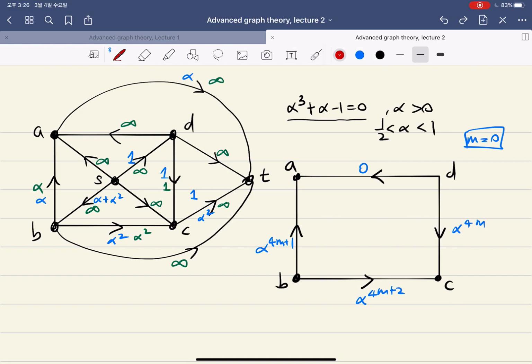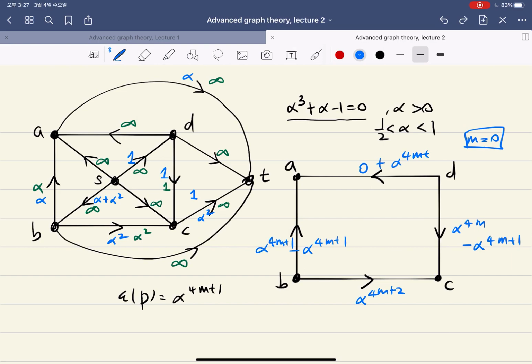So along this, we augment by epsilon P equal alpha to the 4m plus 1. So then what happened? After augmentation, this decreased by this much, and this decreased by this much, and this increased by alpha to the 4m plus 1.